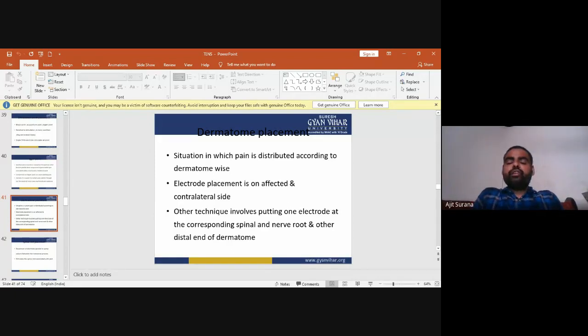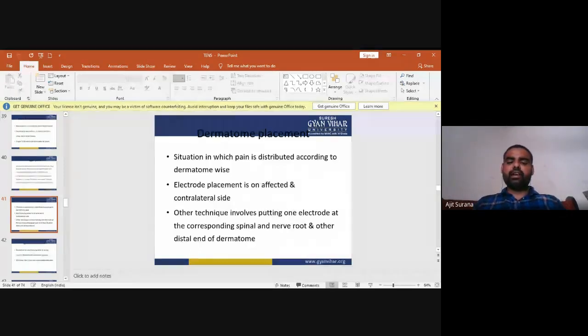The electrode placement in dermatome placement is on the affected or the contralateral side.